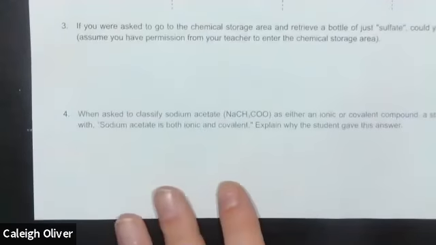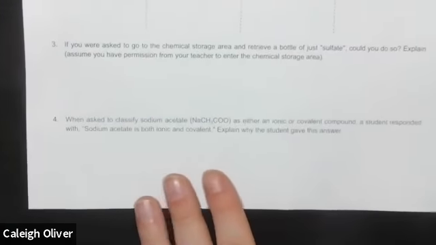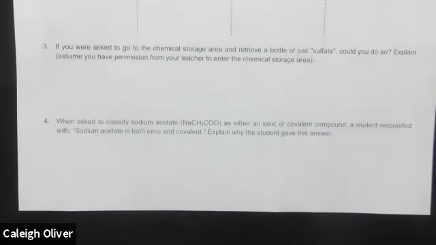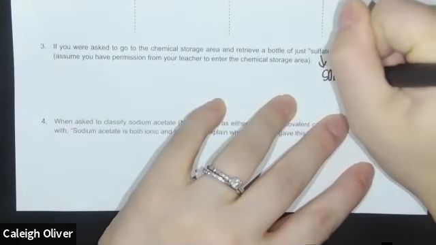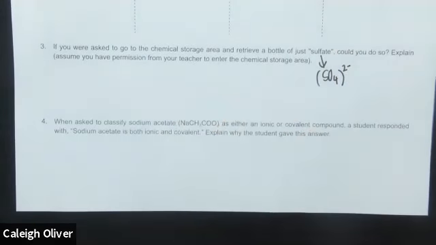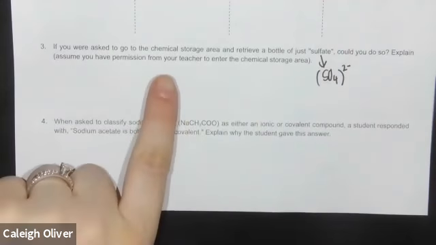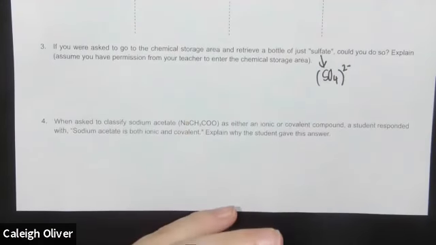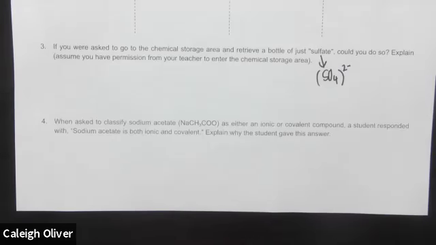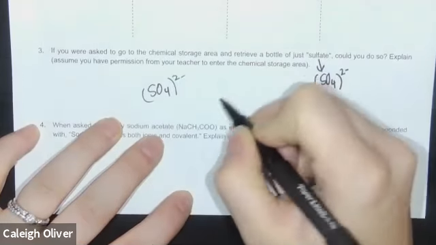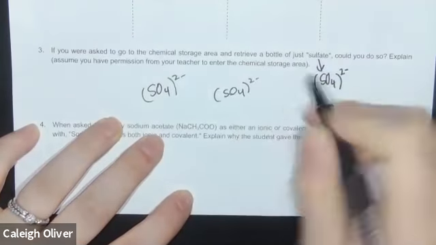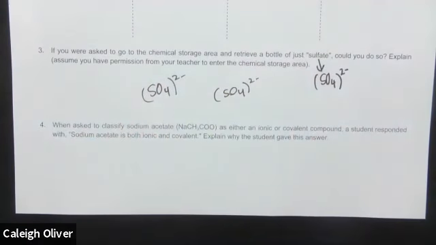But down here, if you were asked to go to the chemical storage area and retrieve just a bottle of sulfate, sulfate is SO4 with a 2- charge, could you do so? Explain. Assume that you have permission to go randomly grab chemicals. What it's asking is, is it possible to have a bunch of just negative charges all together in one bottle?